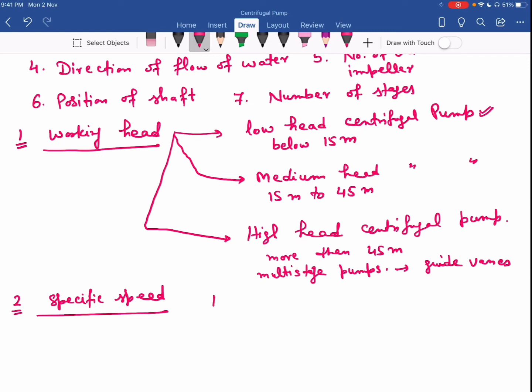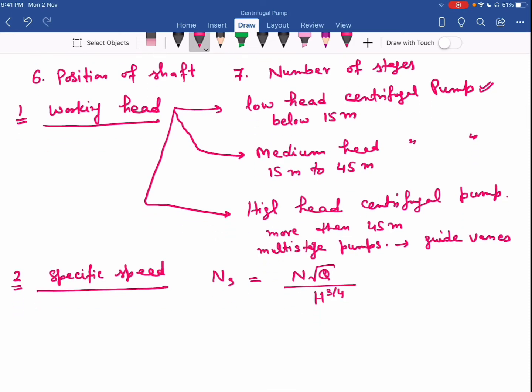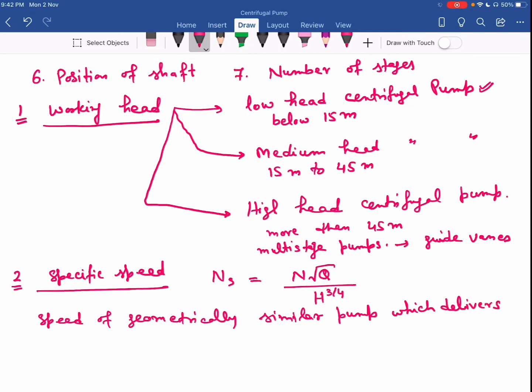In case of a pump, the formula of specific speed is N root Q upon H raised to power 3 by 4, and its definition is: the specific speed of a pump is defined as the speed of a geometrically similar pump which delivers unit discharge under unit head. So this is the definition of specific speed of a pump.